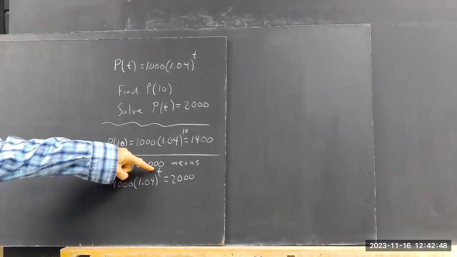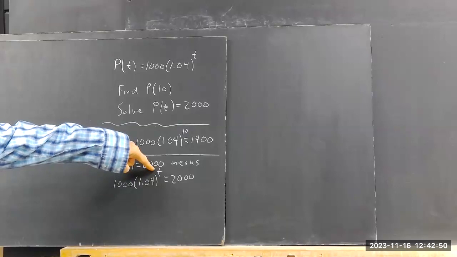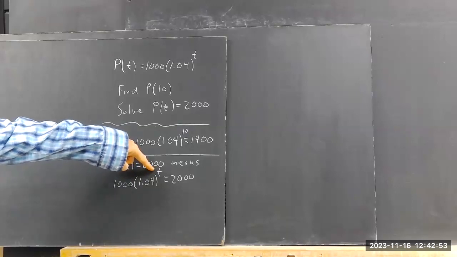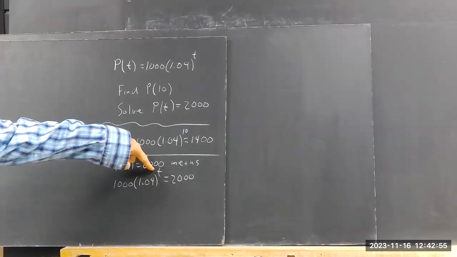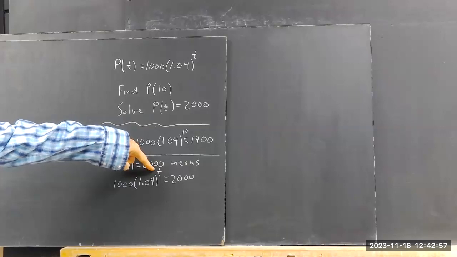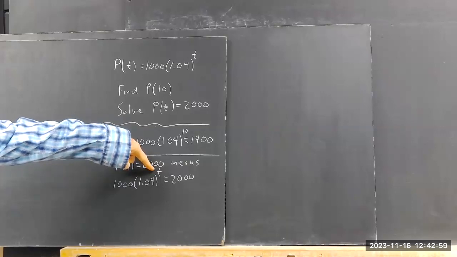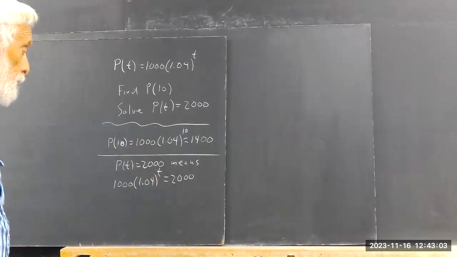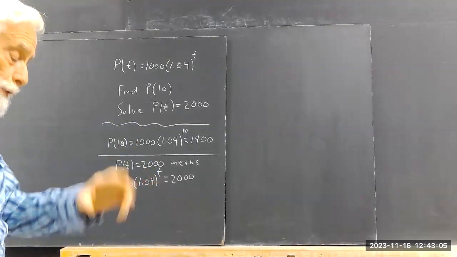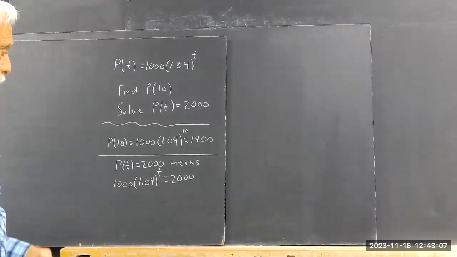Now your variable's in the exponent of one of the terms. So what's that tell you? Tells you you're going to have to convert this equation to logarithmic form. And that's easy to do, but you can't do it yet. We did several examples, so you might want to review them if you don't see it.